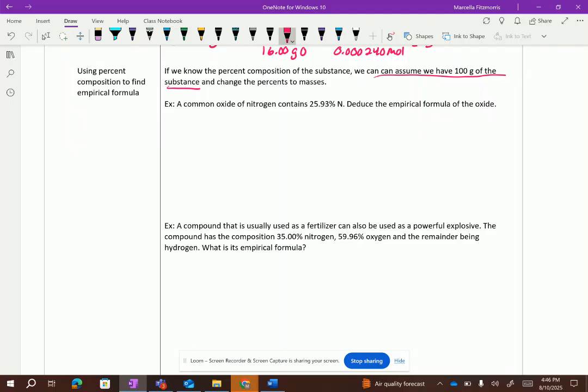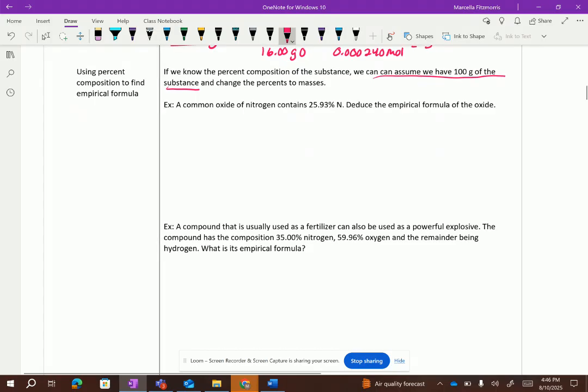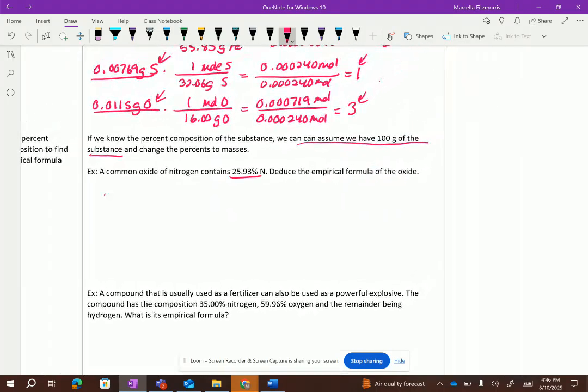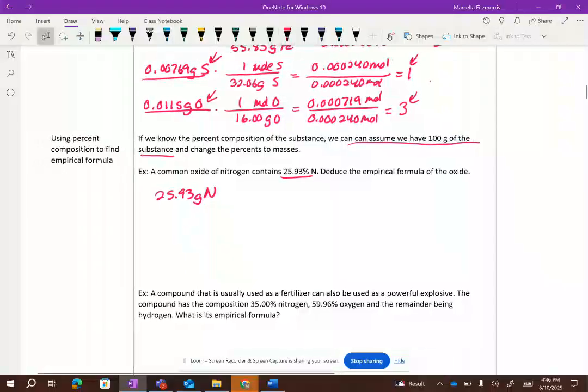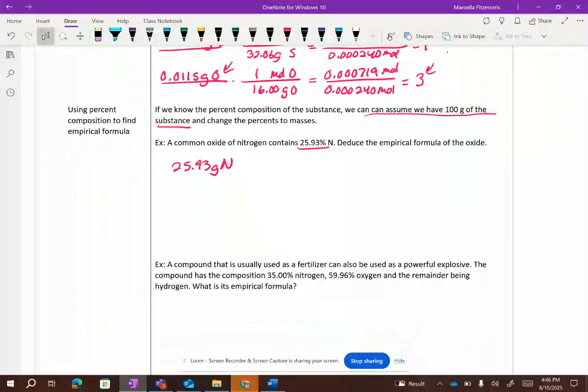Now, for this particular one, it says a common oxide of nitrogen contains 25.93% N. When it says an oxide of nitrogen, that just means there's oxygen attached to it. If we have 100 grams or 100%, then if we have nitrogen at this, the rest of it would be 100 minus 25.93.